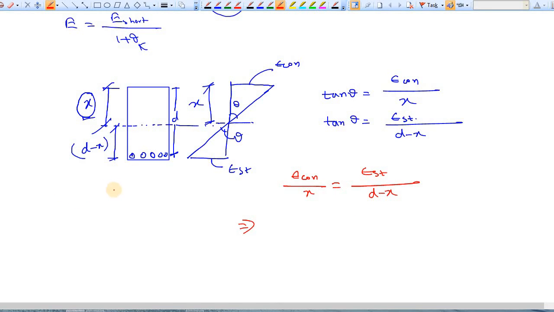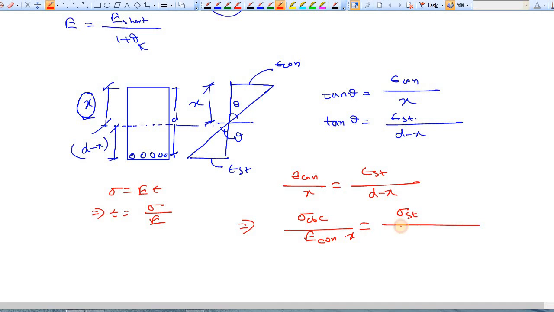Again apply Hooke's law: stress is equal to E times strain, or strain is equal to sigma divided by modulus of elasticity. So here it is coming as sigma CBC divided by EC for concrete, and x remains. For steel this is coming as sigma ST, let's say sigma ST is the allowable stress in steel, divided by EST.